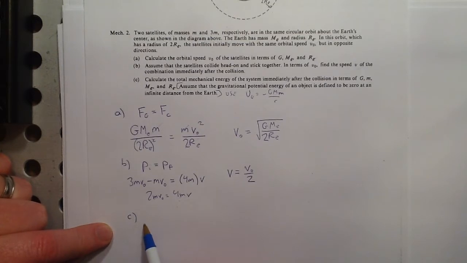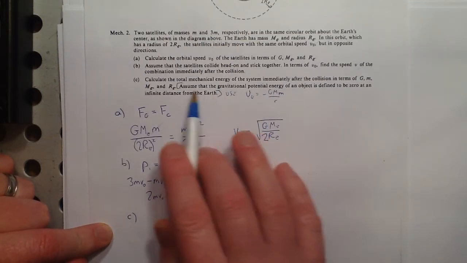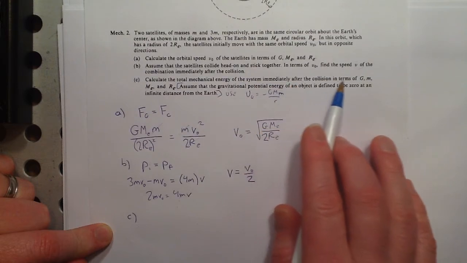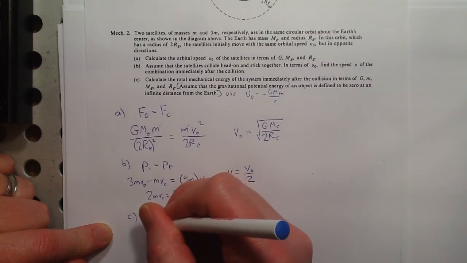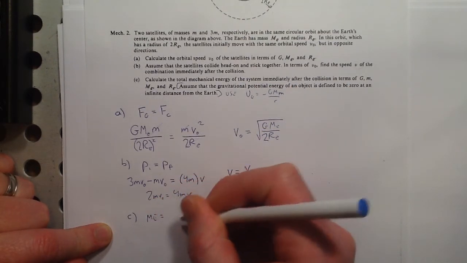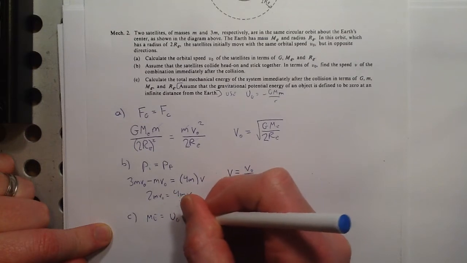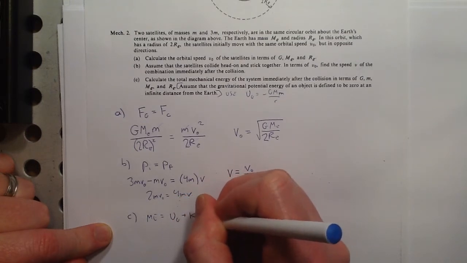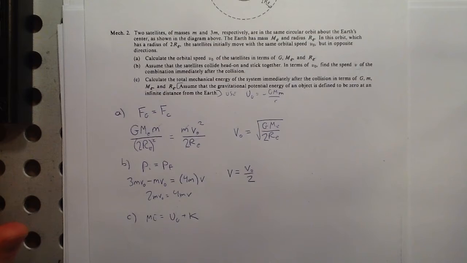And so here, the total mechanical energy of the system immediately after the collision is equal to the sum of those two, gravitational potential and kinetic.